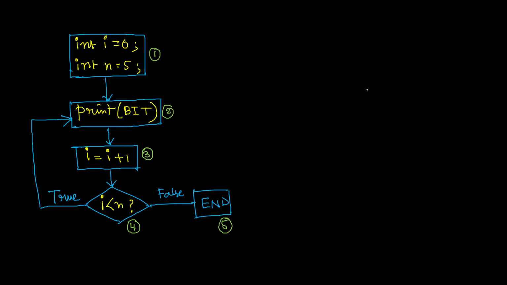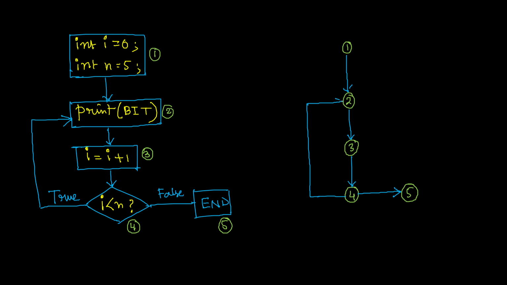Okay, and if I write the situation over here with the nodes, node number 1, then node number 2, then node number 3, then node number 4, and then node number 5, and if I connect them in the same way as I have done in the previous case, either from 4 I can go to 5 or I can go to the second point, right?